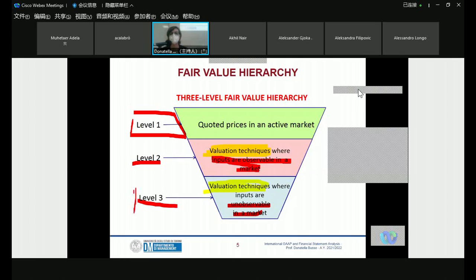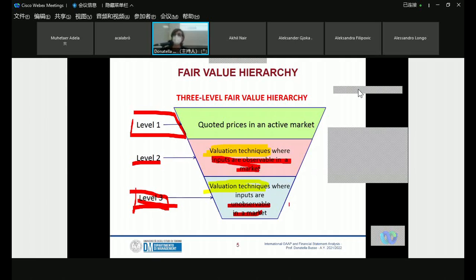Level 3 is a little bit more complex and critical, because sometimes the valuation technique is known, so we agree on the valuation technique, but the problem is that the inputs are not observable in the market, so each company has to estimate the inputs.